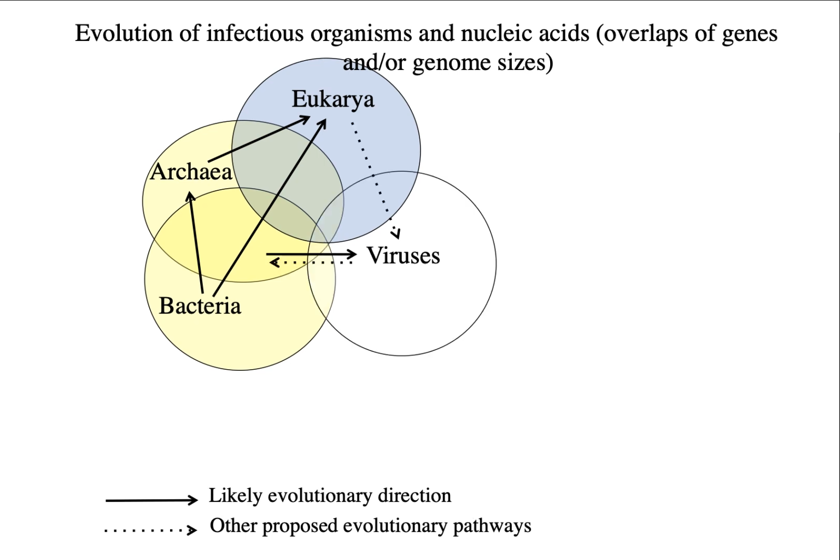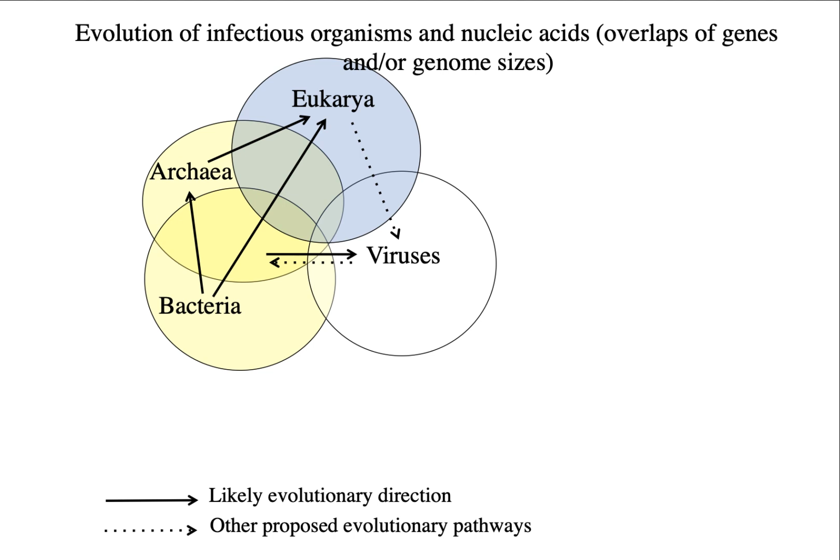If you join the viruses in, then they have a lot of common sequences among all three of those groups as well. The predominant theory about where viruses came from is that they are just reduced versions of pathogenic bacteria and possibly other organisms.